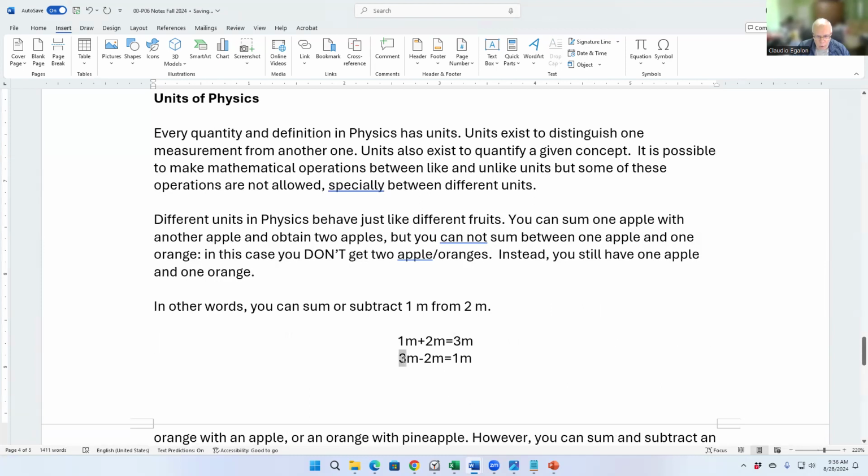And 1 meter minus 2 meters is minus 1 meter, right?